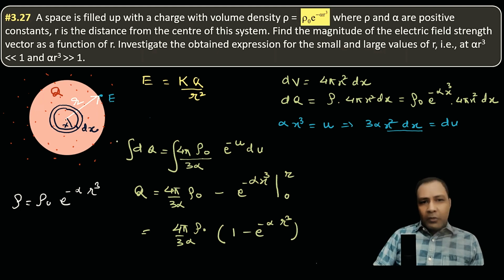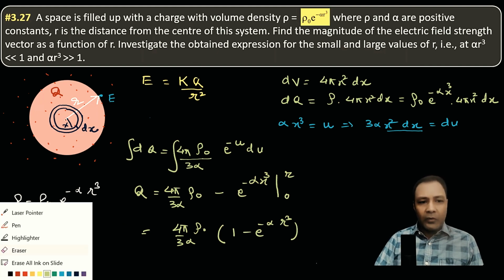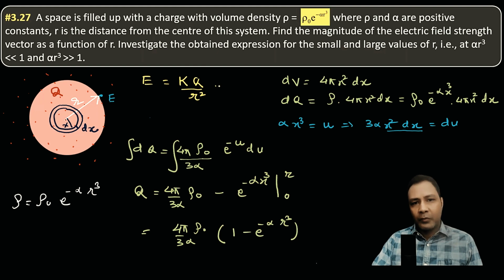So put that total charge here. I can put the value of k also. k is basically q upon 4 pi epsilon naught r square.